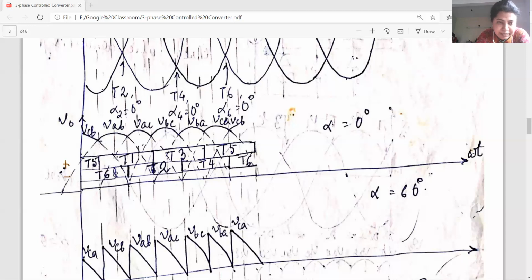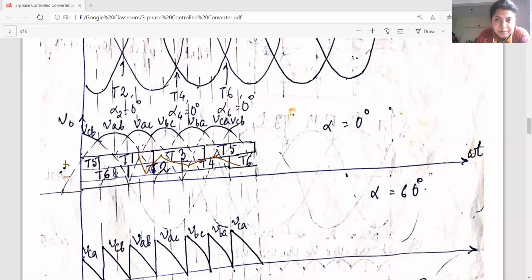Since the thyristors are operating, one from the positive and another from the negative group, according to the sequence T1, T2, T3, T4, T5, and T6, in this order they are conducting.